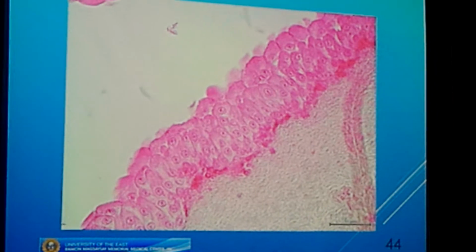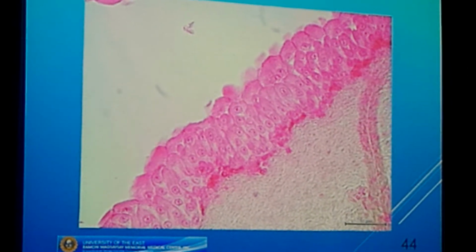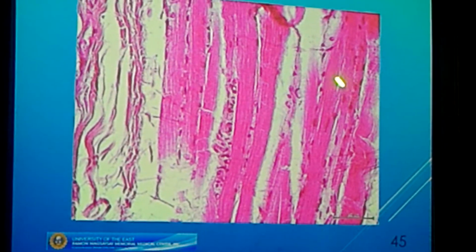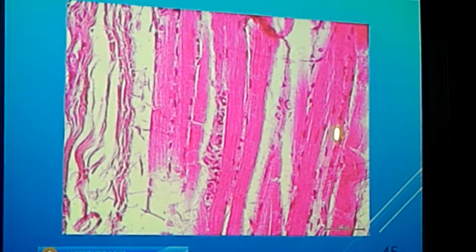So, in any urinary tract, whichever part, it's always transitional. Okay? If you're shown this slide and you're asked to identify, how will you answer? Skeletal muscle.